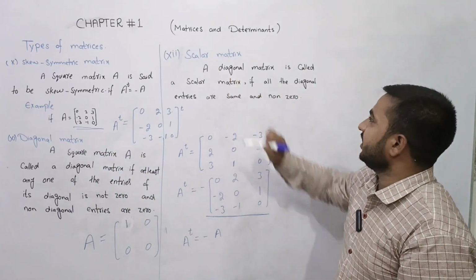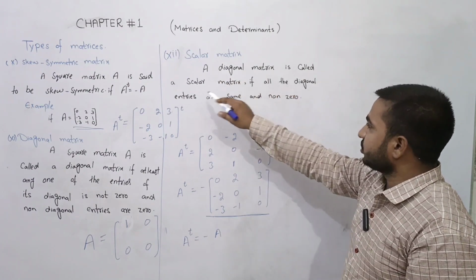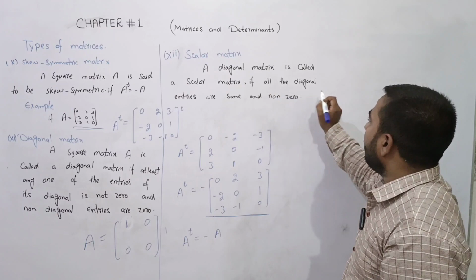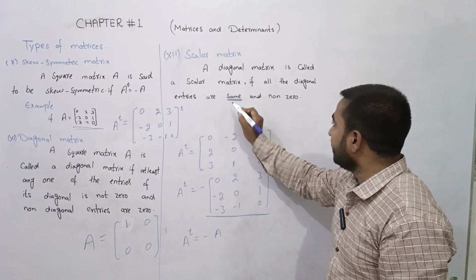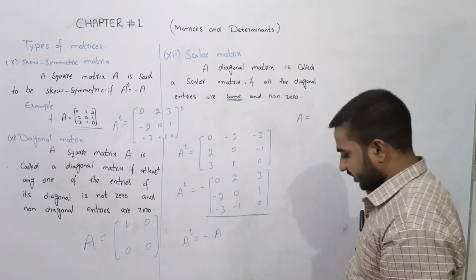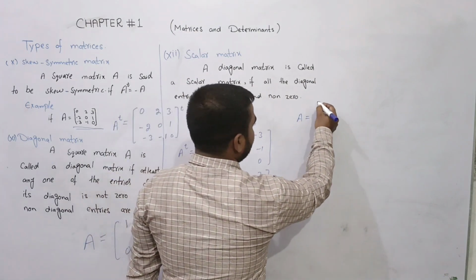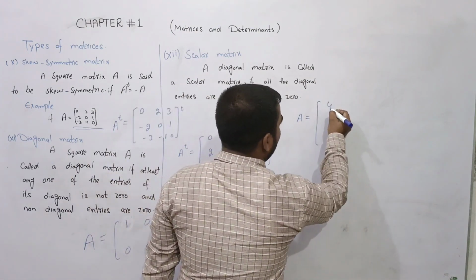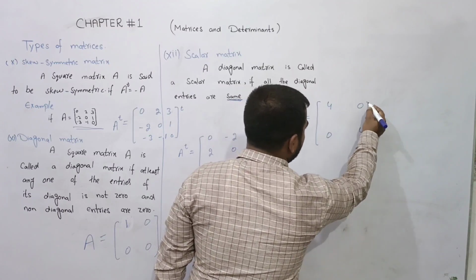Next one is the scalar matrix. A diagonal matrix is called a scalar matrix if all the diagonal entries are the same. That is why these matrices are known as scalar matrices. For example, we have 4, 0 and 0, 4.